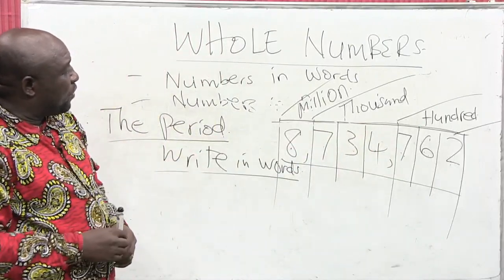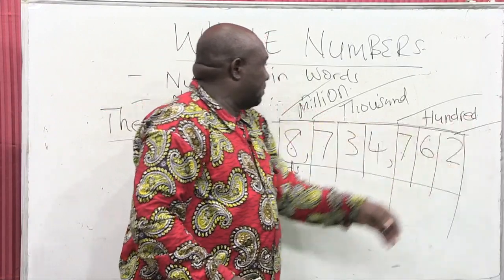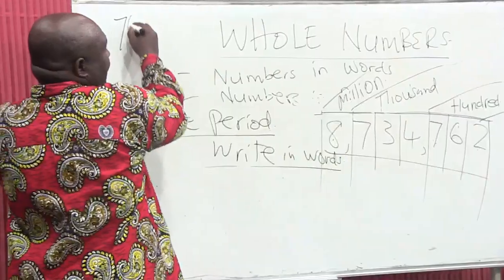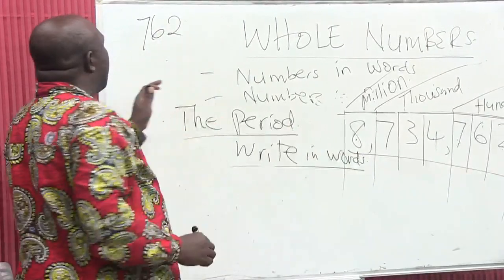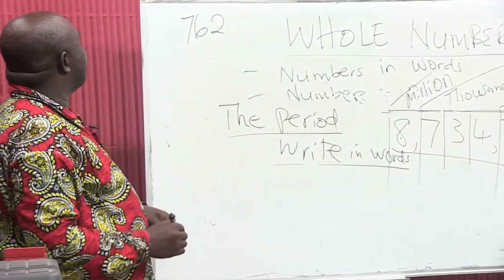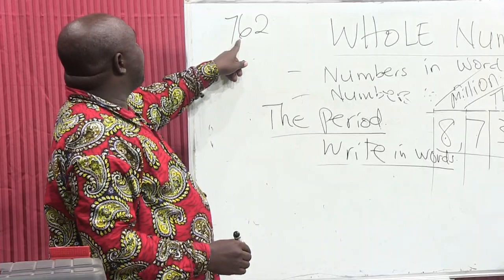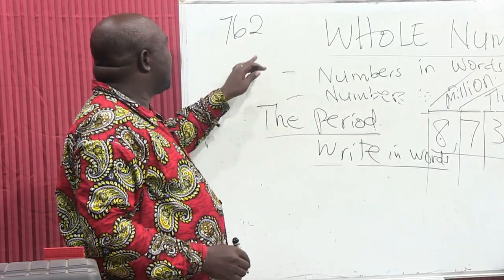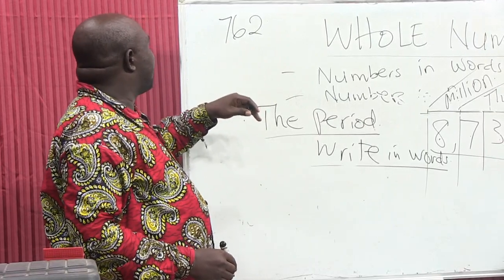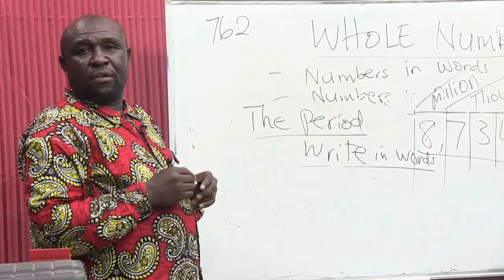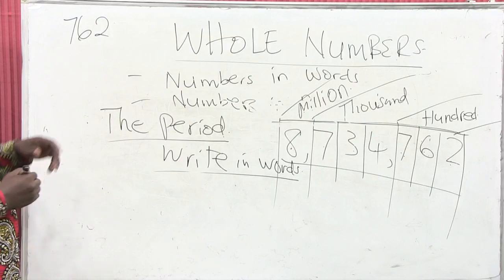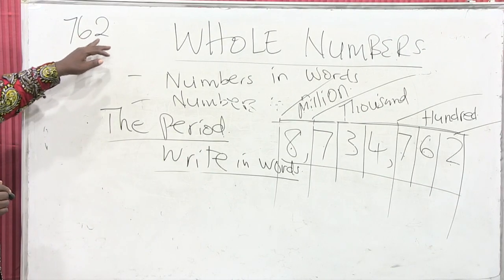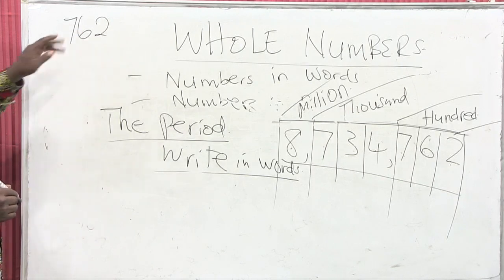For example, in the hundreds period, we have 7, 6, 2. We read this number 762. In lower primary, grade 3, grade 4, even in grade 2, you can read up to the thousands.